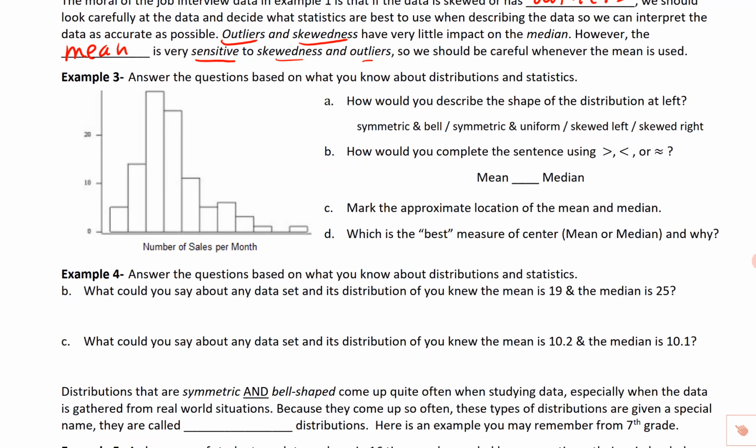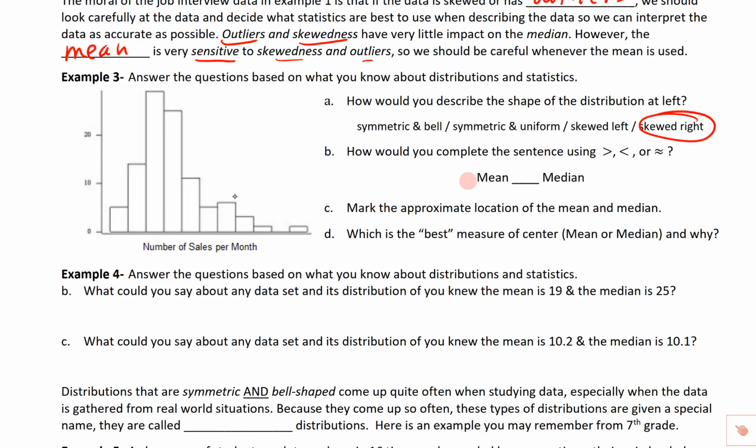Now, on example 3, it says answer the questions based on what you know about the distributions and statistics. So here's what it looks like. And it says, how would you describe the shape of the distribution at left? So this one right here. The tail goes off to the right side, so we would say that this is skewed right. And then it says, how would you complete the sentence using greater than, less than, or approximately equal to?